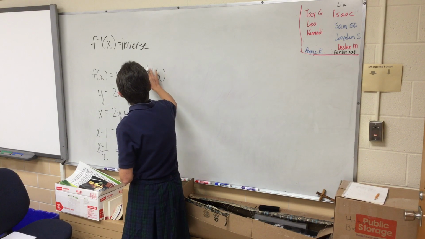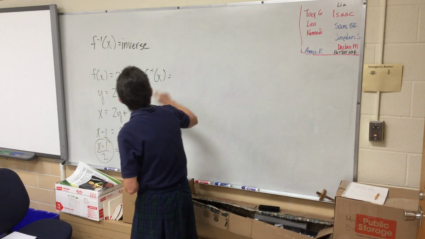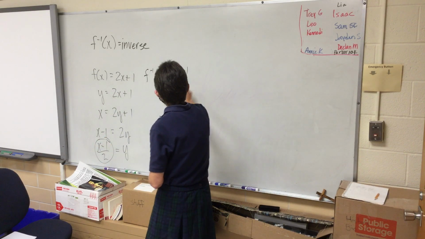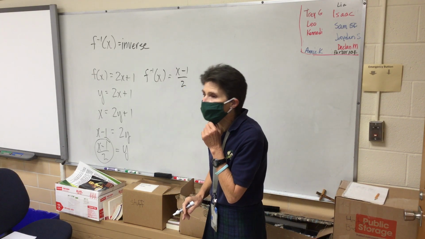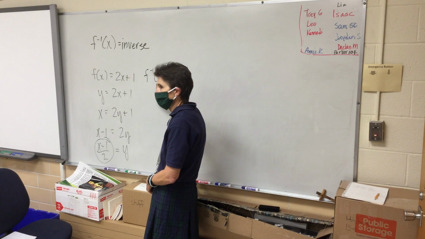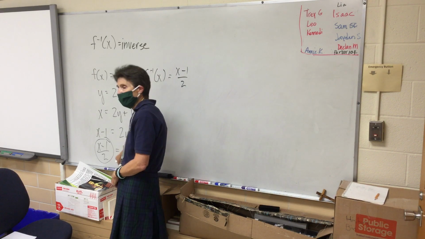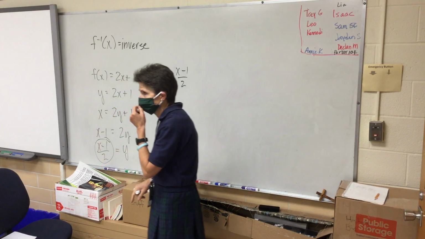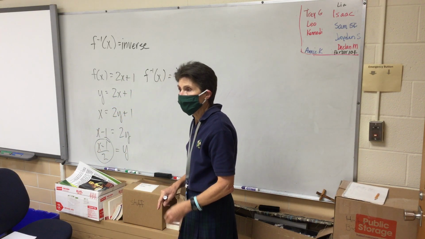So our inverse is that answer right there, x minus 1 over 2. Your job is to find the inverse, and after you get y by itself, that is the inverse. Okay?